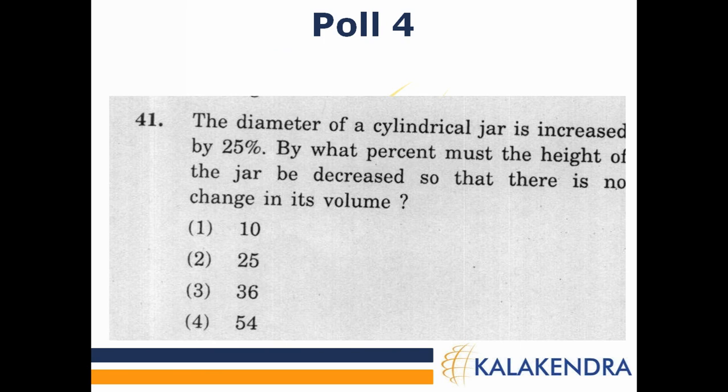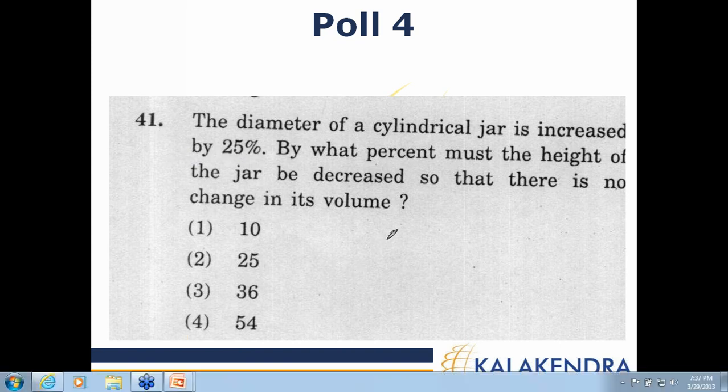Now, I'm sure you realize that this question was a little time consuming. You couldn't have done it in less than a minute. Now if you look at the cylindrical jar, you're talking about the diameter being increased by 25%.